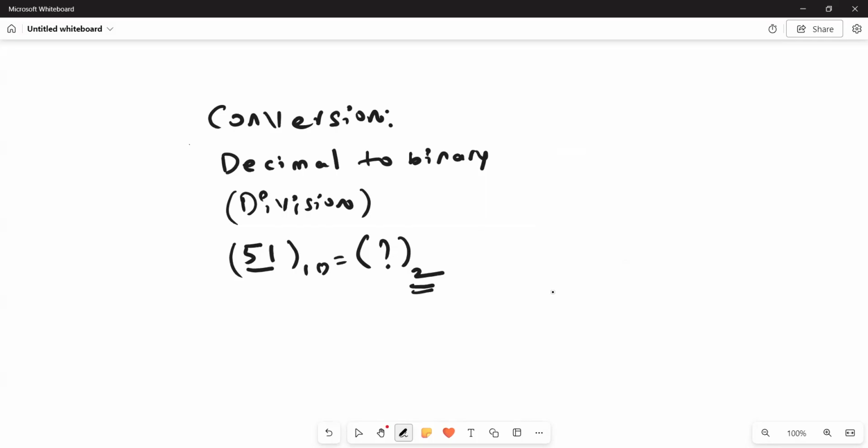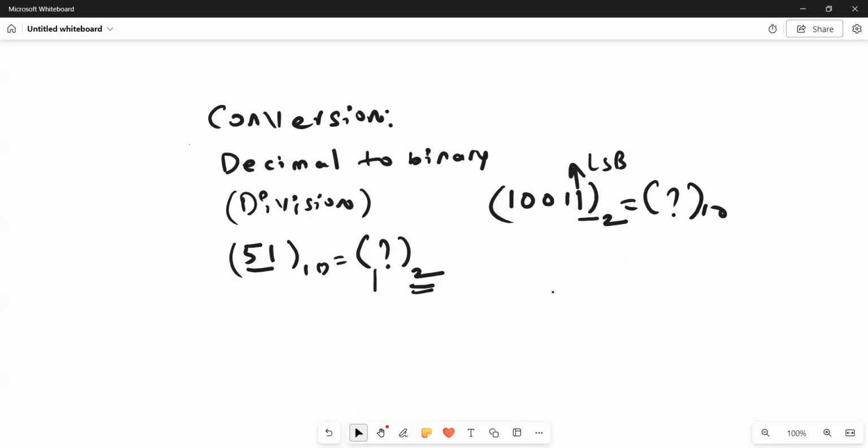Now I am asking you to convert the number 10011 in binary into its equivalent in decimal. The process is multiplication. The rightmost bit is the LSB and the leftmost bit is the MSB. Okay, so write the numbers 10011. I am telling you the simple procedure.